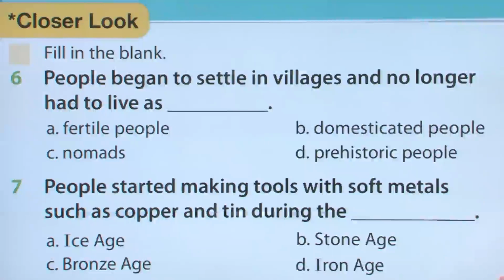The answer here is C, nomads. When people began to settle in villages, like we saw mainly happen during the New Stone Age, they no longer had to live as nomads. They now could set up their own villages and raise their own crops.